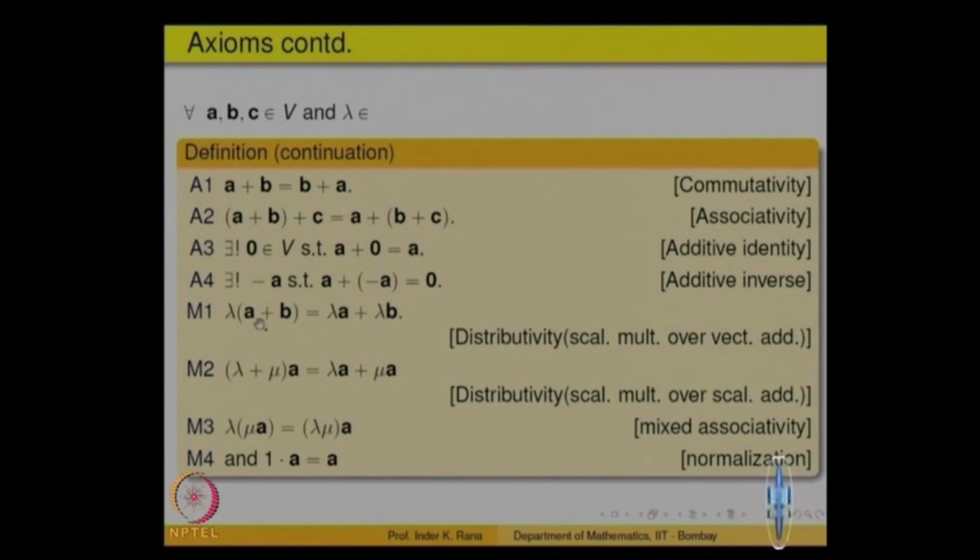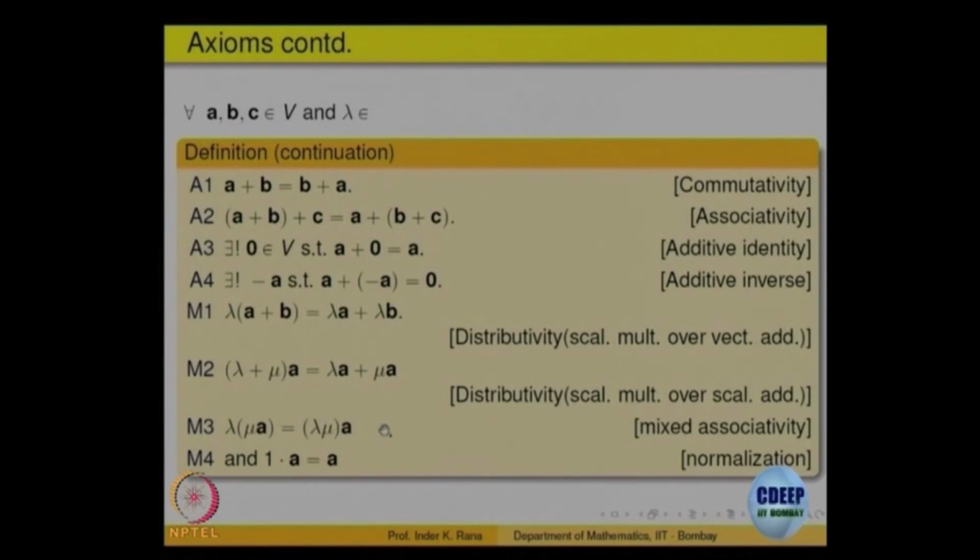So, lambda times A plus B is the same as lambda A plus lambda B. Similarly, if you add two scalars and multiply with A, then it is lambda A plus mu A. This is regarding addition, and there is also a multiplication of scalars, which says lambda multiplied with mu A is the same as lambda mu multiplied first and then multiplied with A. These are the normal properties that we know of scalar multiplication in R3.